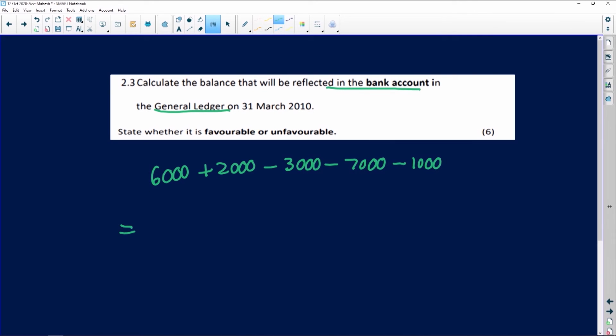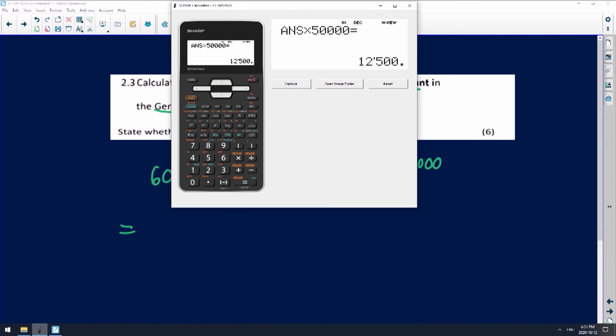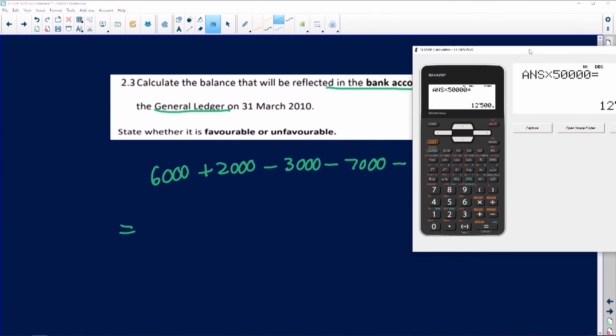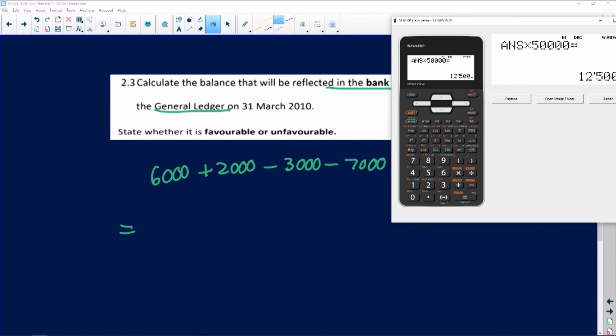Right, and that should give us our balance as per general ledger. So let's quickly calculate that balance. We've got 6,000 plus 2,000, minus 3,000, and then minus 7,000, and then finally minus the 1,000, the error.